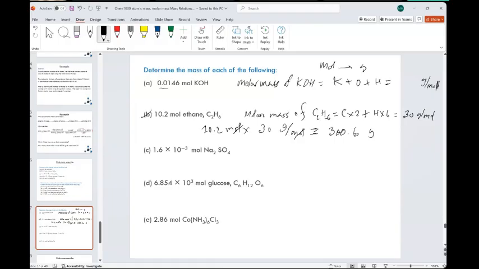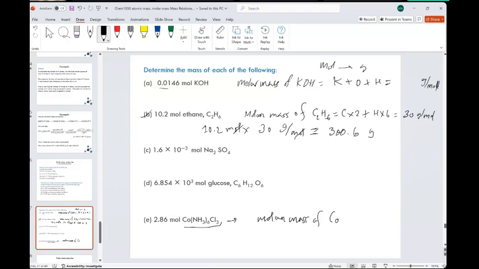Okay, same thing, similar way. We need molar mass first. Molar mass of cobalt. What is this name? This is very complex.